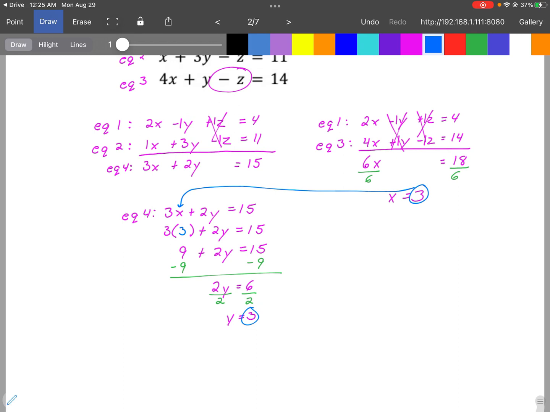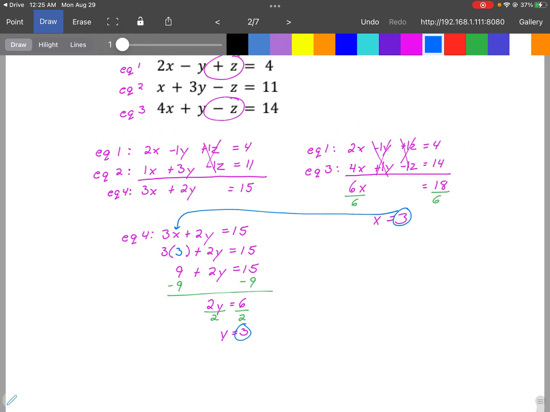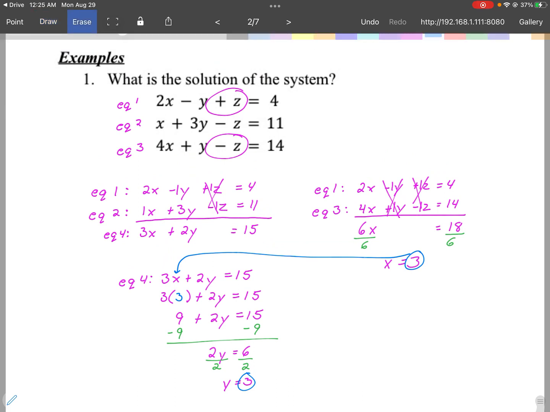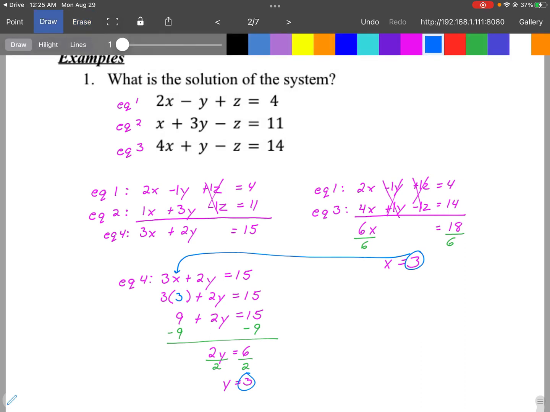So I got to skip some stuff in the middle because I got lucky and 2 of my variables canceled. So now if I have x and I have y, the only thing I have left to find is z.